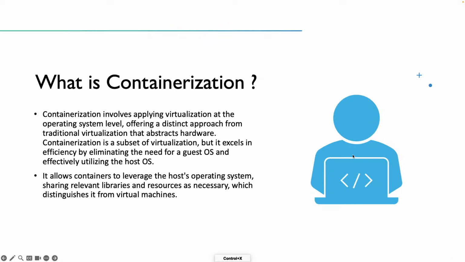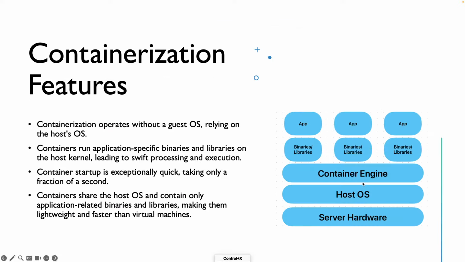And that's where containerization was introduced. So containerization involves applying virtualization at the operating system level. If I want to give you this illustration in a visual format, think about this. Instead of having the hypervisor and installing over there, in this case, I'll have my server.